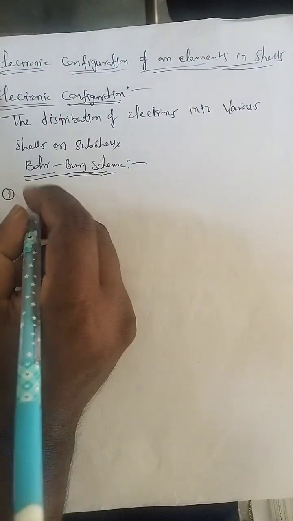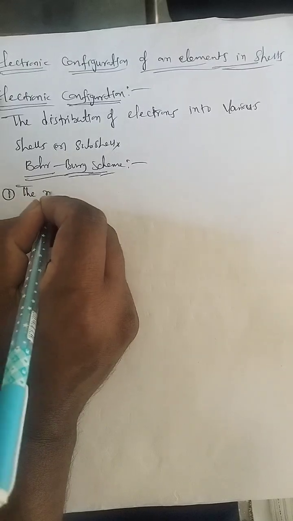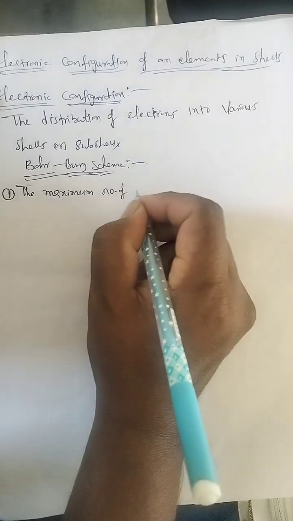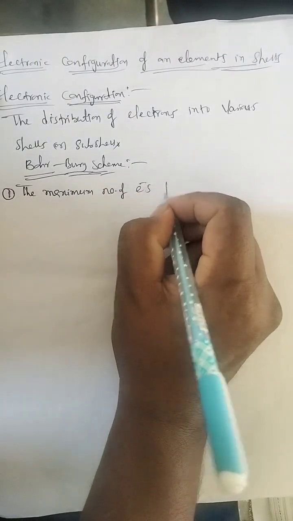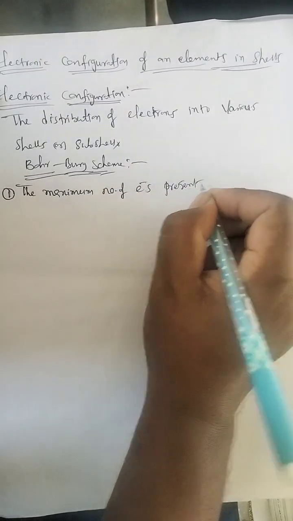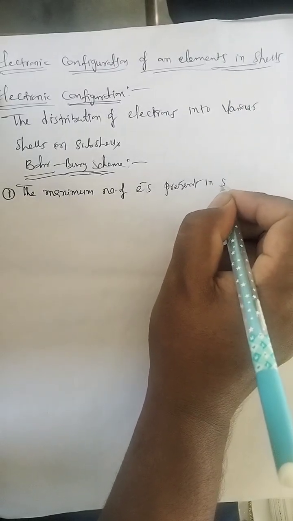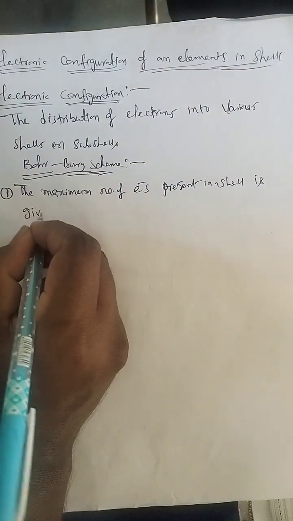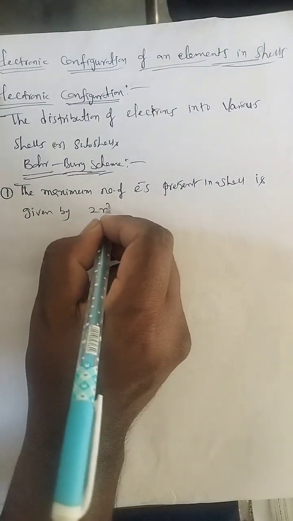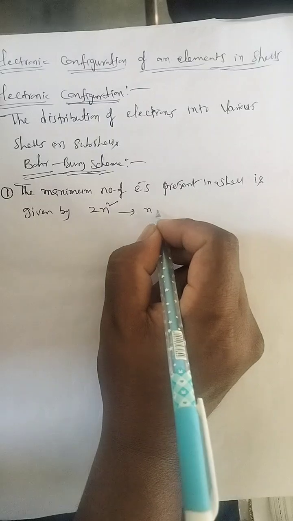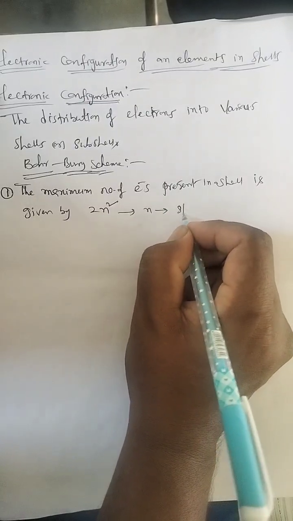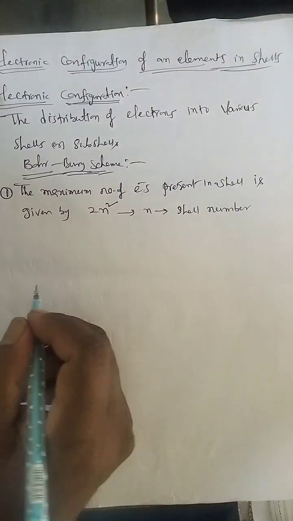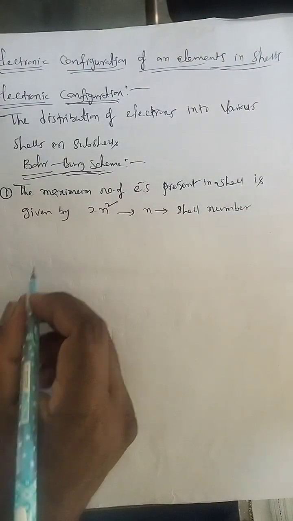The first one is that the maximum number of electrons present in a shell is given by 2n square, where n indicates the shell number or principal quantum number.